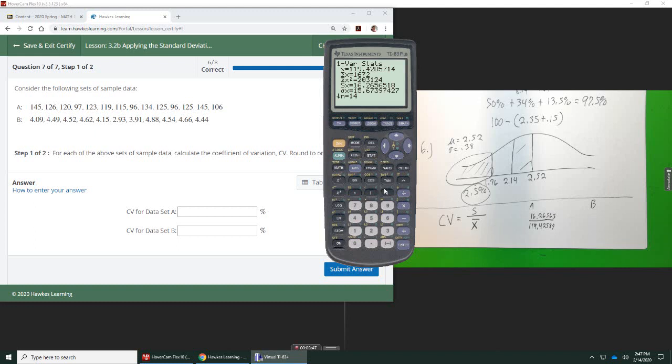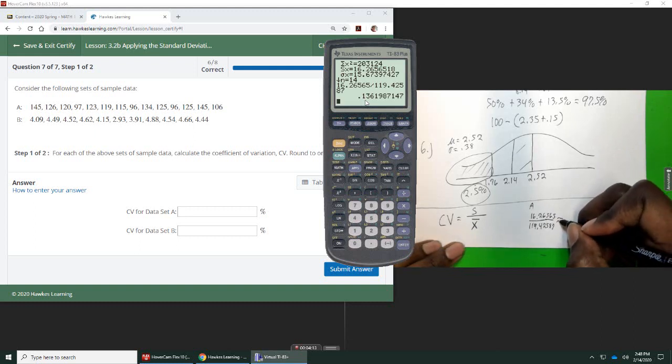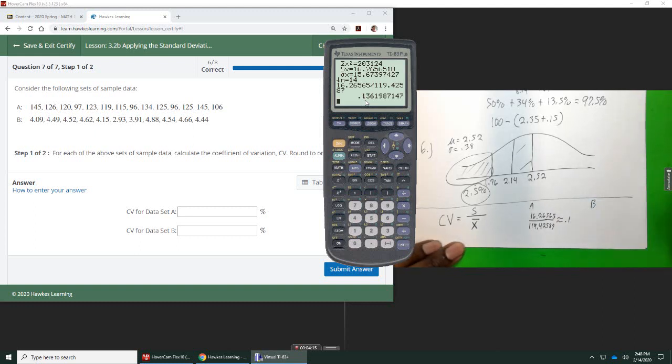So I'm first going to type 16.26565, and then divided by 119.42587. This is what we get for our coefficient of variation. Rounded to one decimal place it's 0.1.